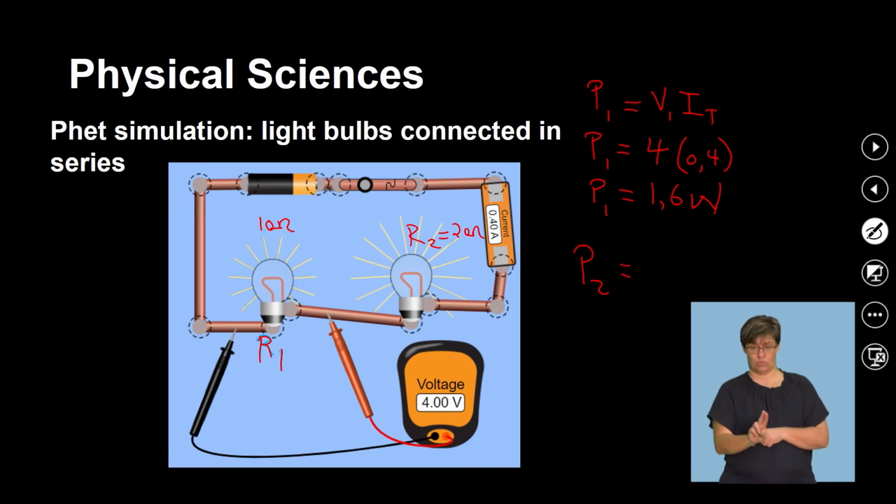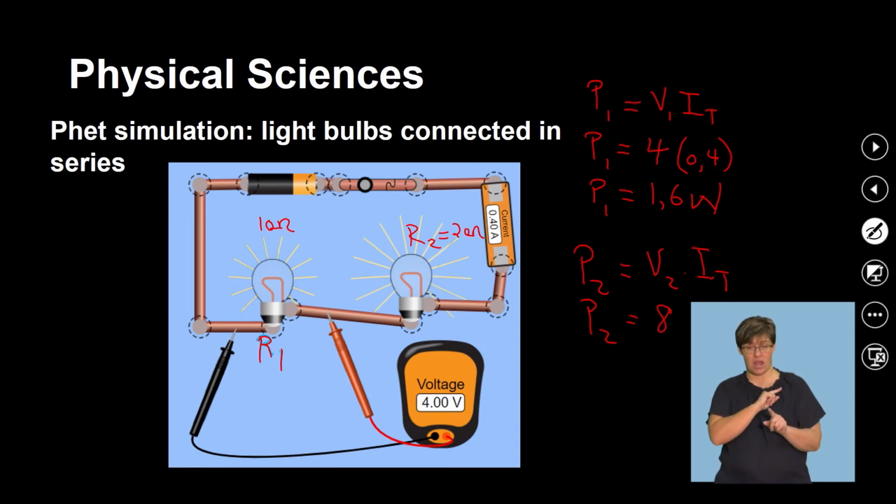What about P2? P2 is equal to V2 multiplied by the total current, because all the current passes through R2. What is our V2? It's going to be 8. The 8 comes from 12 less the 4, because the total voltage is 12 volts, which is supplied by the battery. Multiplied by the total current, which is 0.4, right?